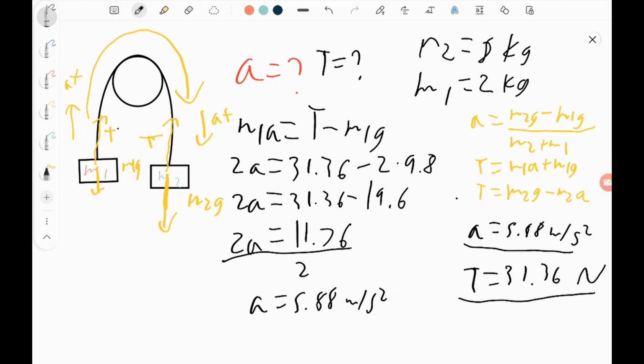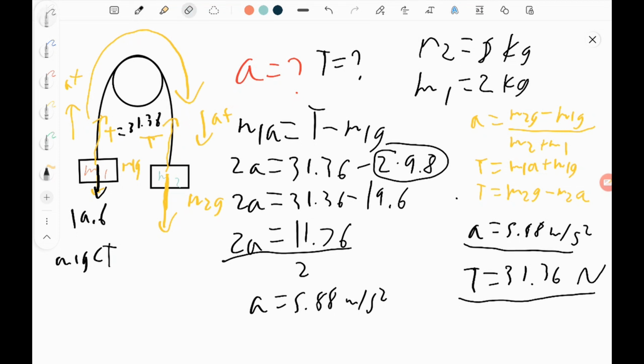So our tension here is equal to 31.36, and our M1G is equal to 19.6 newtons.